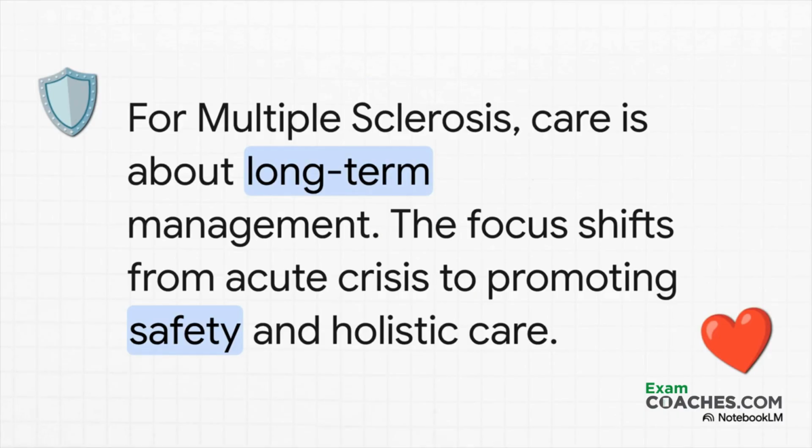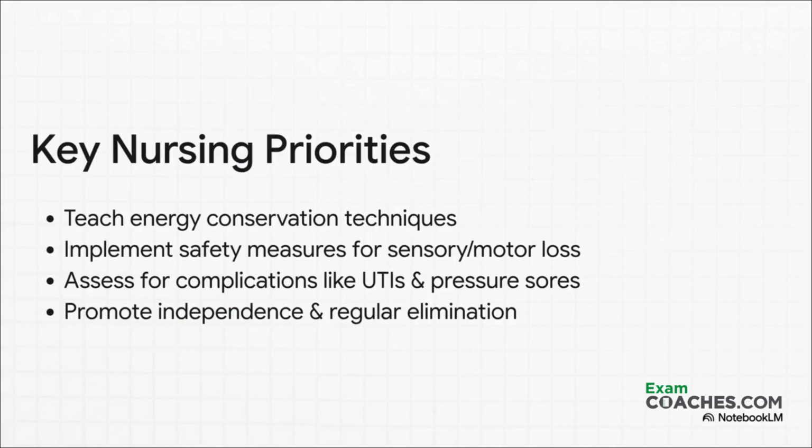Now let's switch gears a bit and look at our next priority: multiple sclerosis. With MS, we're dealing with a chronic, progressive disease. So the nursing focus kind of shifts from managing a crisis to long-term safety and just controlling symptoms. See that shift? Here, your priorities are much more about holistic care. You're teaching your patient how to conserve energy. You're putting safety measures in place to prevent falls.